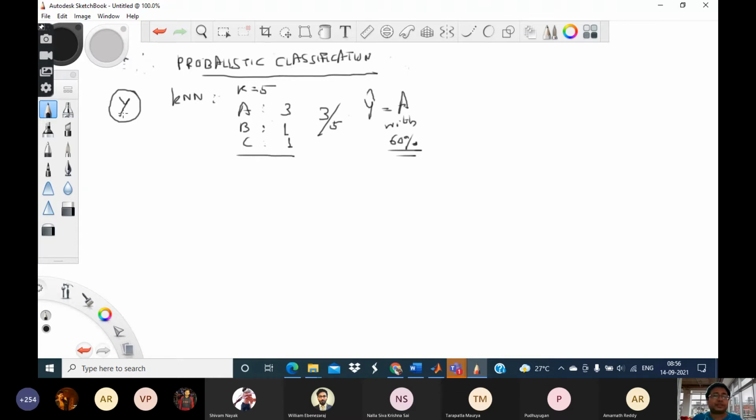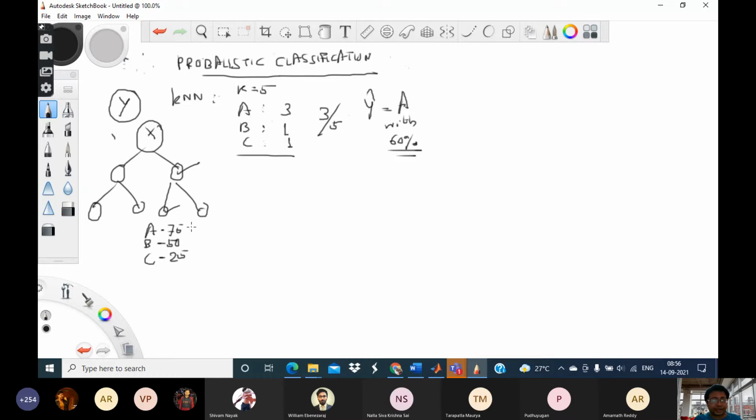Same can be said about the decision tree also. When I am trying to classify a particular vector in a decision tree, let's say that here is my decision tree. Let's say my test vector first came to this node, then it came to this node, and in this node, among the training examples, A is the dominant class with 75 examples, then for B there are 50 examples, and for C there are 25 examples.